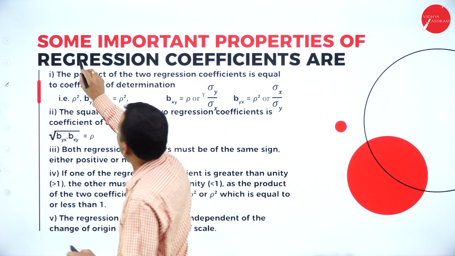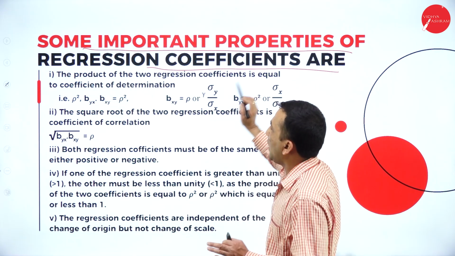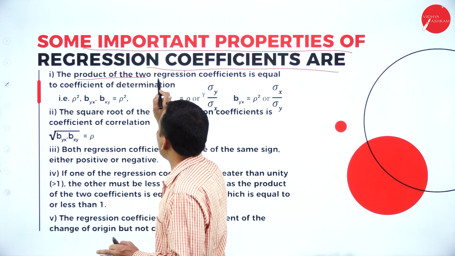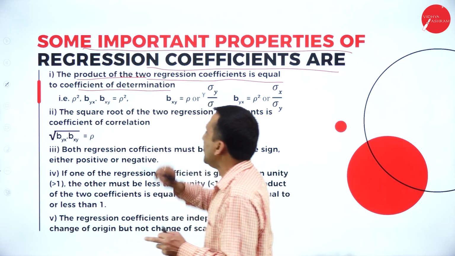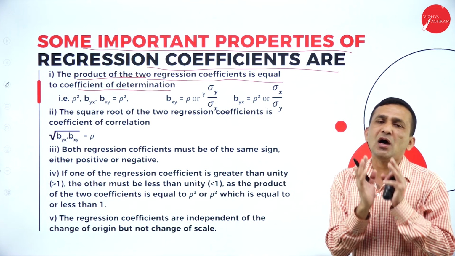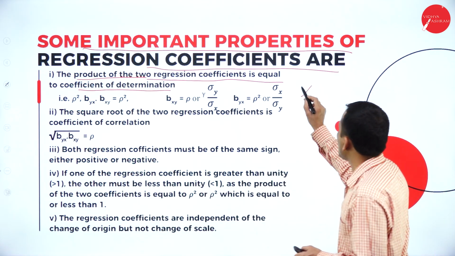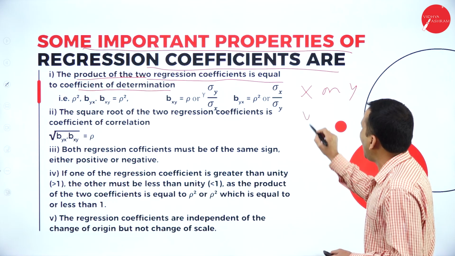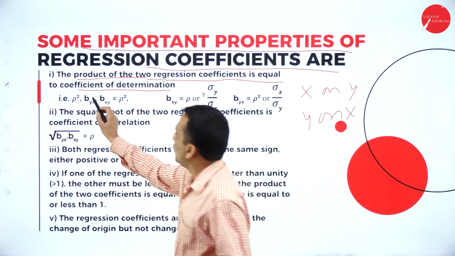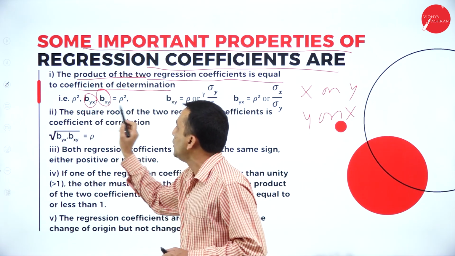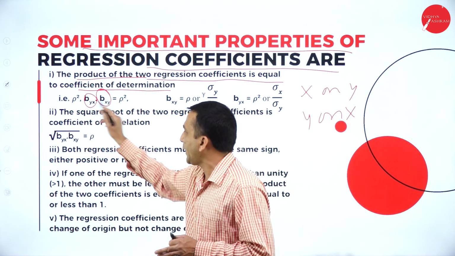Here are some important properties of regression coefficients. The first one: the product of the two regression coefficients is equal to the coefficient of determination. Product means you always need to multiply. We know there are x on y and y on x, two equations or coefficient values, and their product gives r squared.